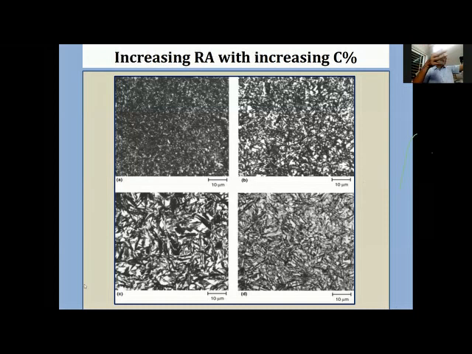So you'll find that the first one is a very good microstructure with negligible retained austenite. The second one has about 10 to 15% austenite. The third one almost 25%, and the fourth one is more than that, around 30 to 35%. Generally, retained austenite under 10% is acceptable in most cases.